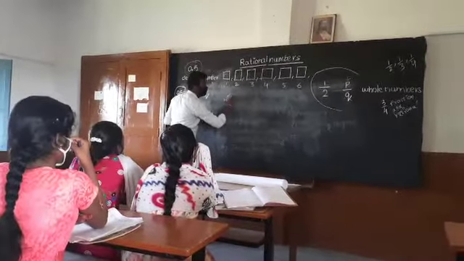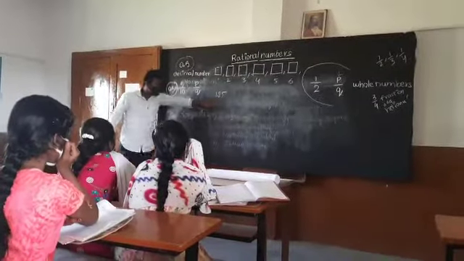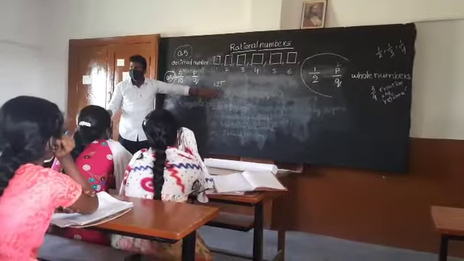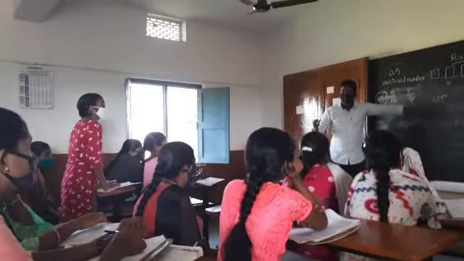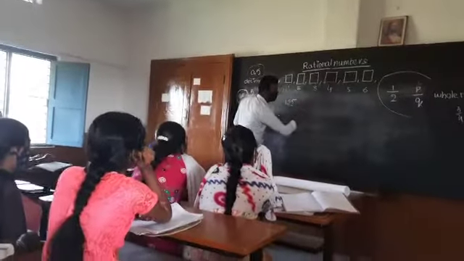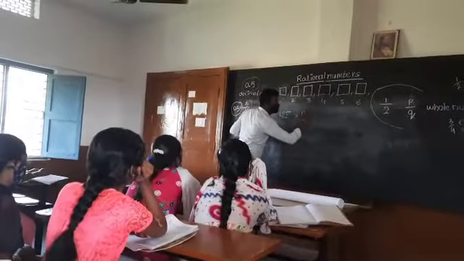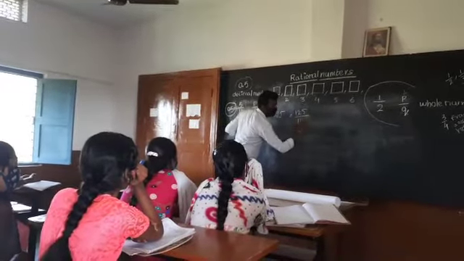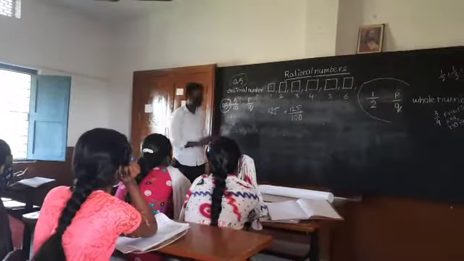1.25. Can anyone transform this into a fraction? Very good. As there are two decimal places, you add two zeros in the denominator. I appreciate it.